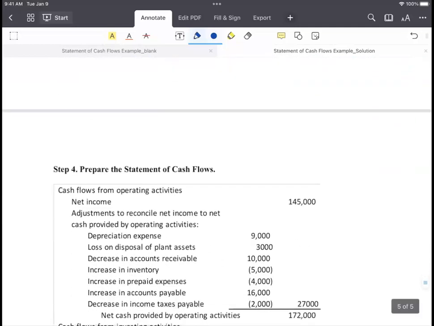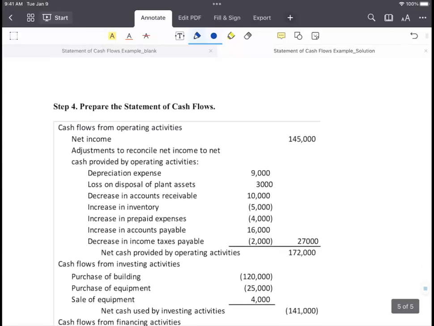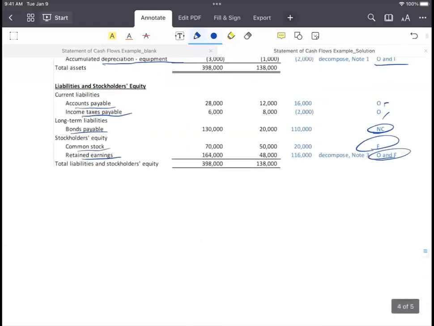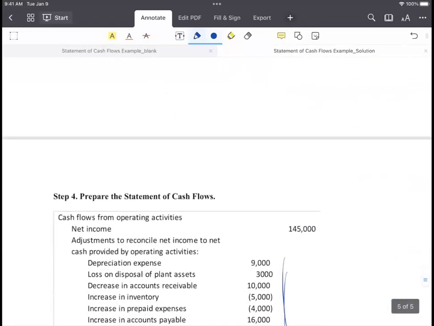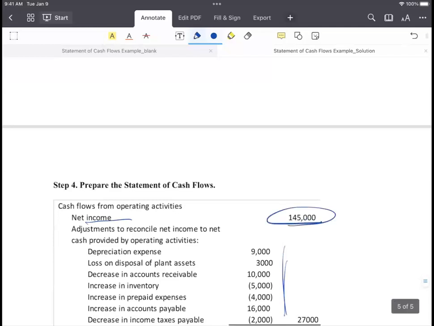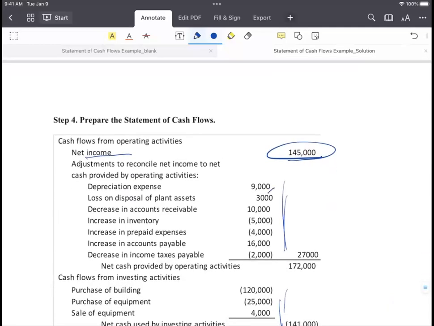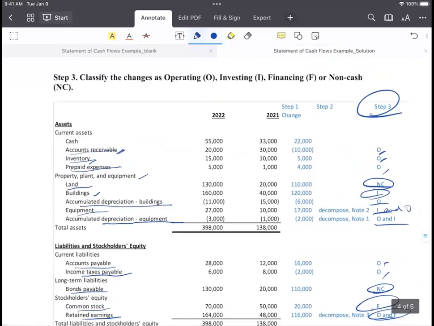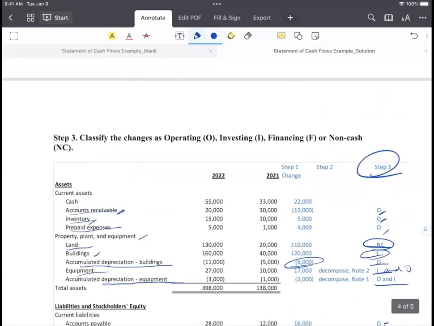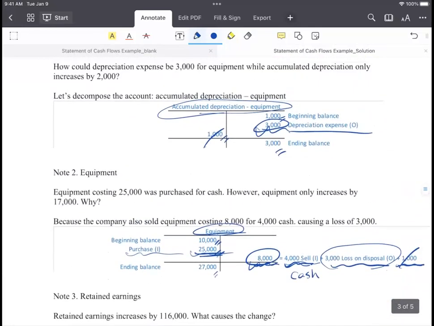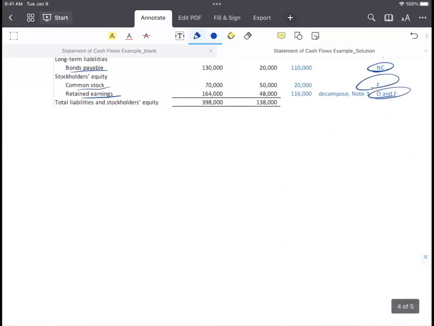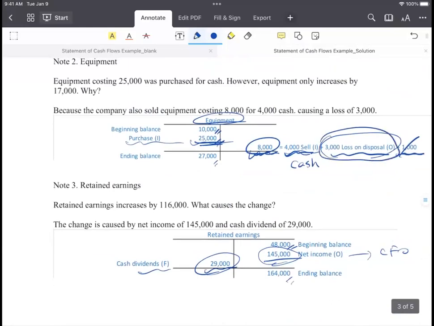After we have done the classification, we put those items in different parts of the firm's statement of cash flows. For example, here we start from the firm's net income, and then depreciation expense and loss on disposal of plant assets. Depreciation expense, we have 6,000 here, plus 3,000 here. And for disposal of plant assets, we have 3,000 here.